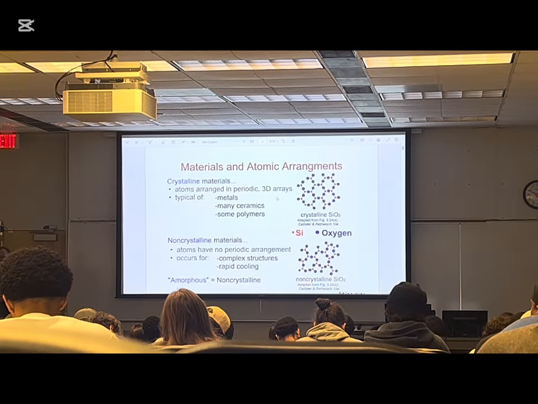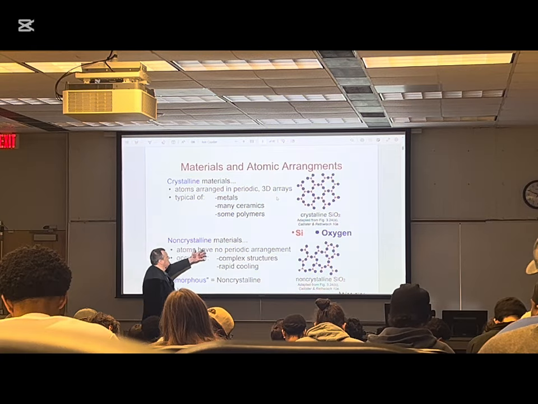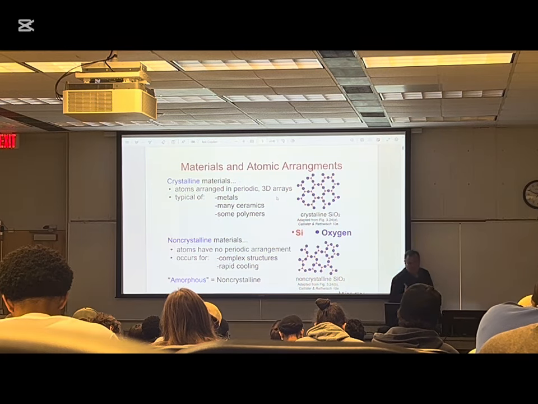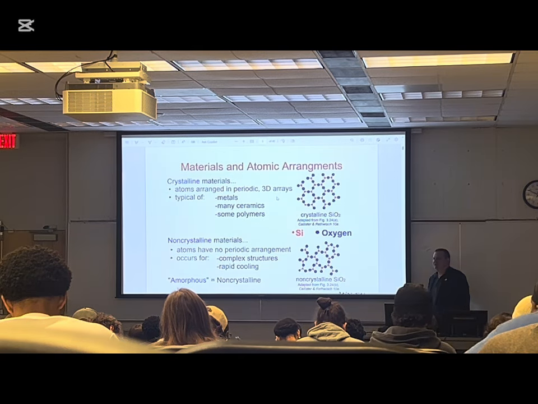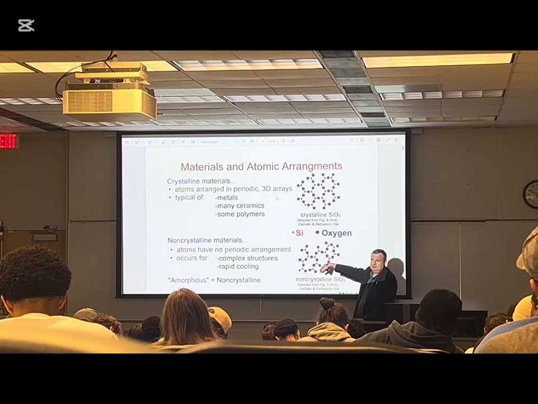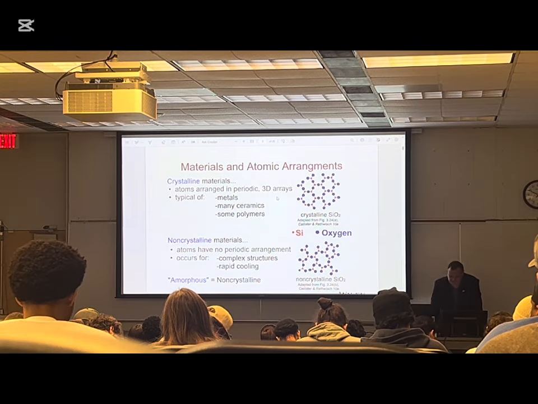Or it happens very fast, so that there's not enough time for this thing to crystallize. And who controls that? A process engineer to control the process. I just showed you how the structure can be controlled. And obviously, as a result, the properties are going to be very different.